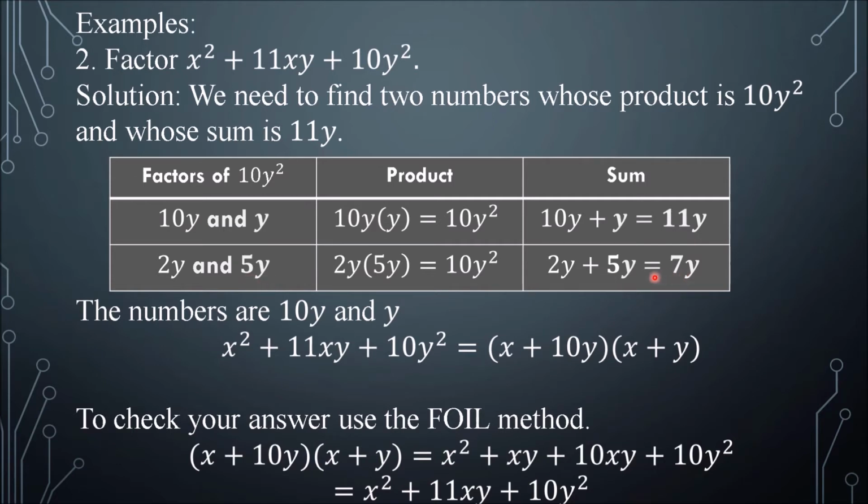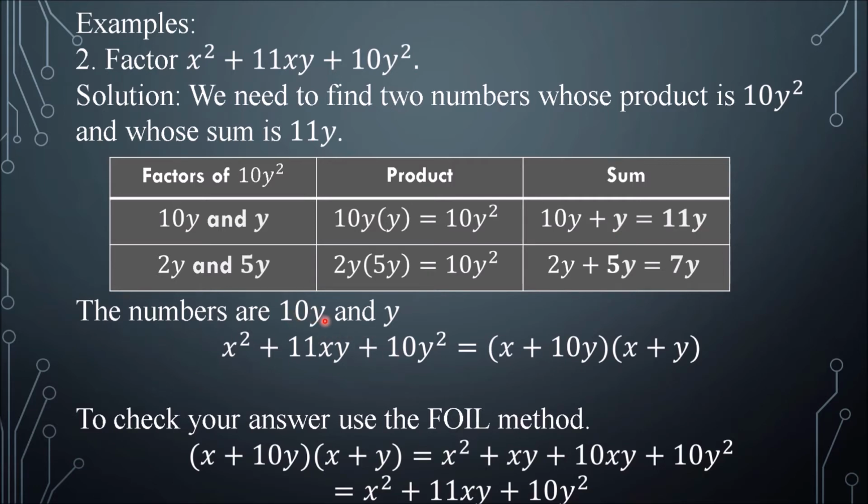Again, we need to find two numbers whose sum is 11y, because that's the middle term, 11y. So as you can see, the two numbers are 10y and y because the sum of the two numbers is 11y.